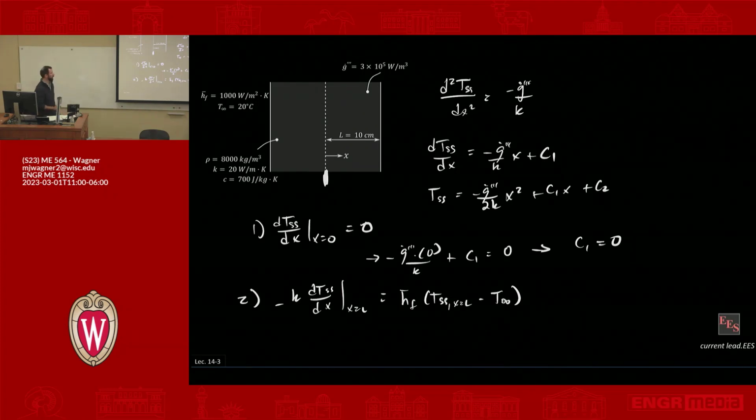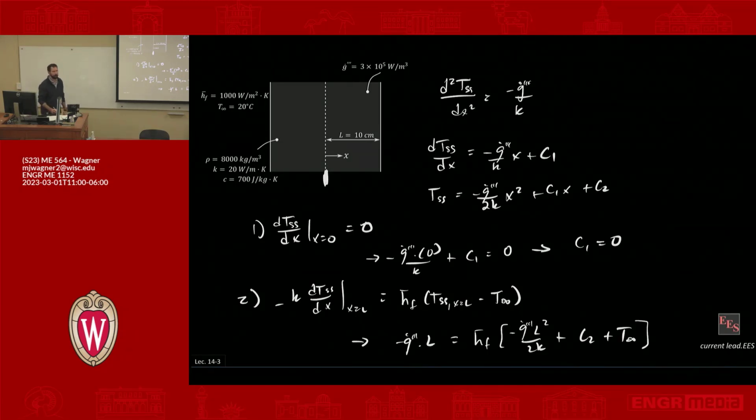Both of these would be times the area, but it's the same conduction area and convection area, so it cancels out. So we impose this boundary condition, and we get the following expression: minus g dot triple prime times L equals h bar f times the group of minus g dot triple prime L squared over 2k plus C2 minus T infinity.